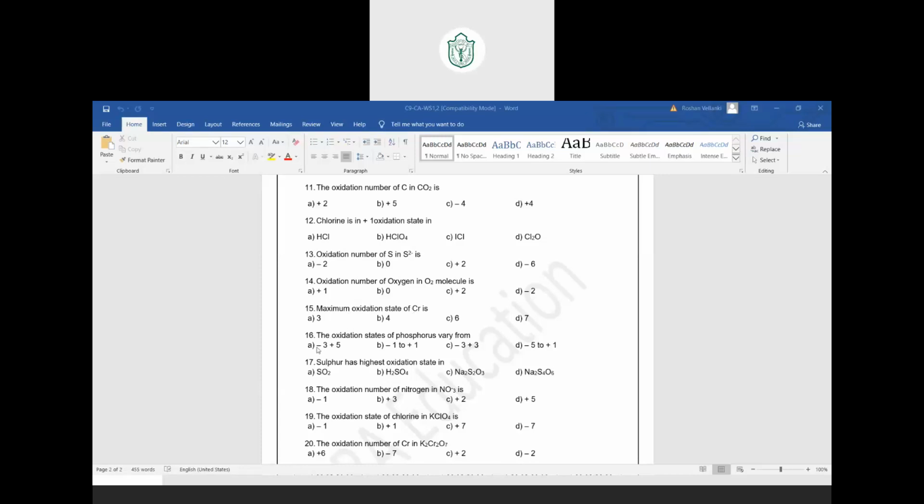So next, 16th question. The oxidation number states of phosphorus vary from. I'll give a clue for this question, check the chat window.